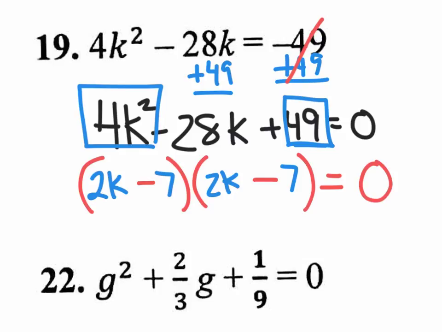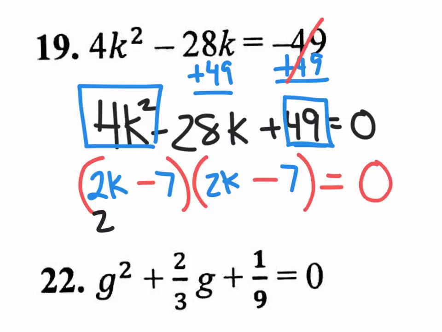If we were to verify this by distributing 2k times 2k, that's 4k squared, 2k times negative 7, that's negative 14k, and then negative 7 times 2k, that's negative 14k. If you add those two negative 14k's together, it really does work, so I know I factored it correctly. Okay? So now I'm just going to split them and solve.